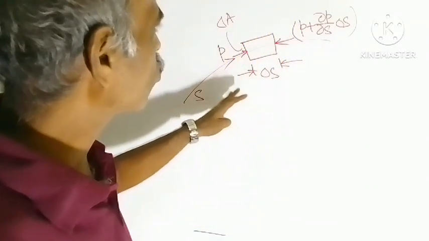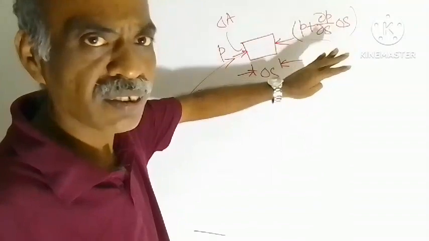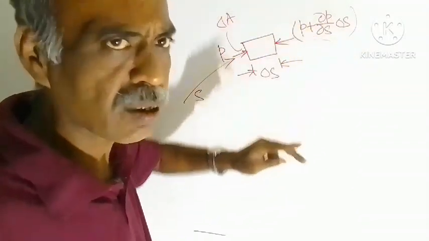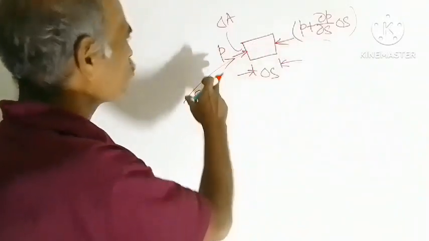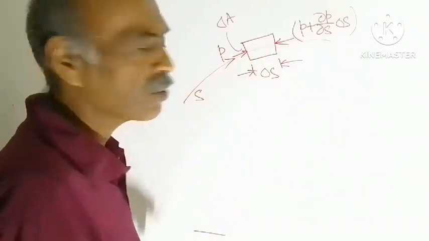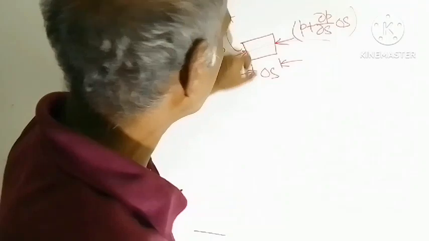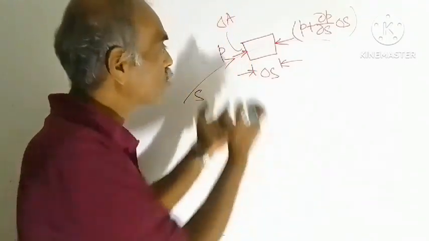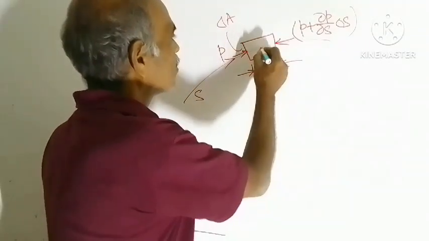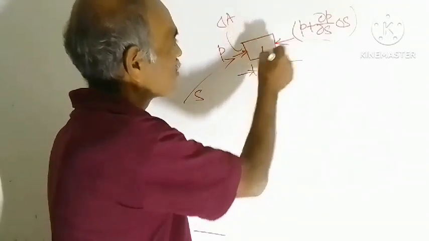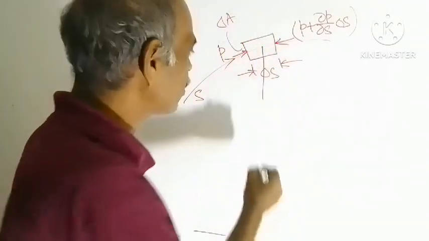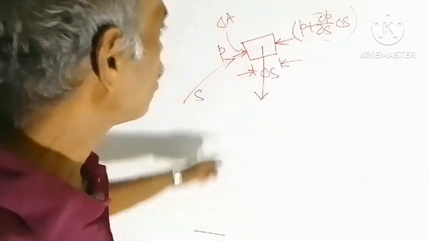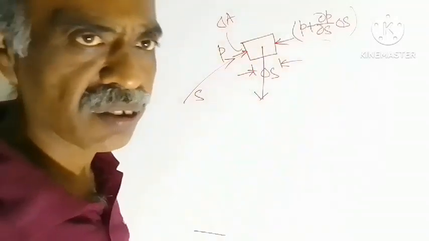We need to consider the force due to this pressure, this pressure multiplied by this area delta A. Another force will be obtained from P into this area delta A, and one more force is the weight of the fluid element, acting from the center of gravity vertically downward. So these three forces we need to consider.